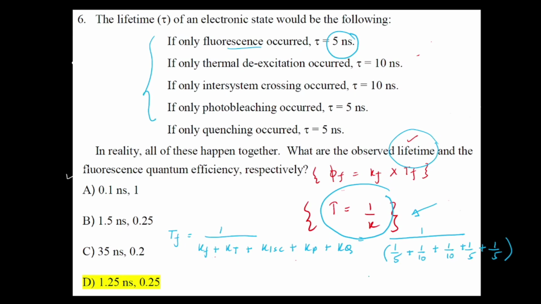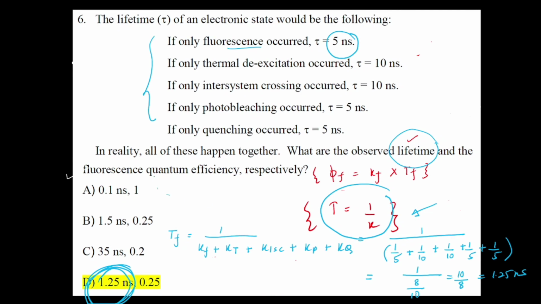So let's solve this. This would be 1 divided by 8 by 10, and this would be 10 by 8. So approximately this would give you 1.2 nanoseconds. So the observed lifetime for the fluorescence, in which all these steps happen together, is 1.2 nanoseconds.